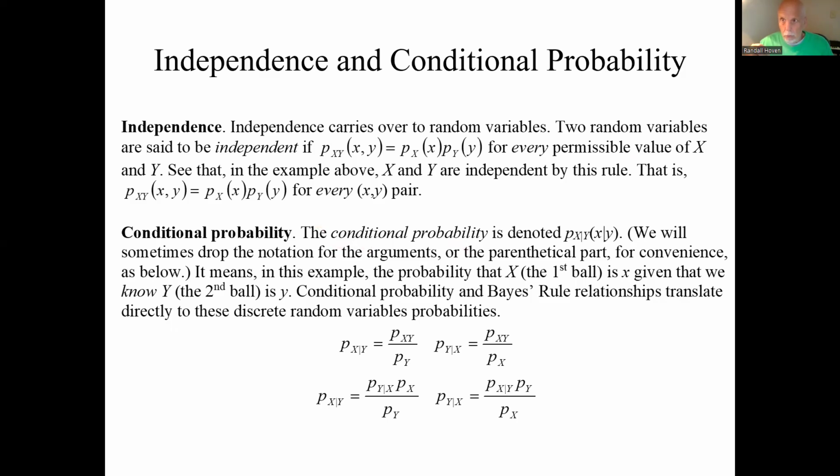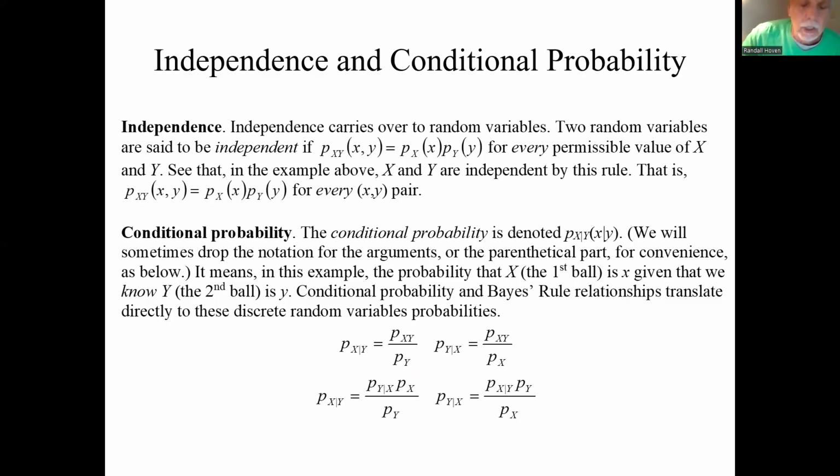Conditional probabilities also carry over from the set theoretical treatment of probability to these random variable probabilities. Here's the notation for the conditional probabilities of these random variables. I left off the arguments here, but I could put an x, y with the line between them as the arguments. But these are basically formulas that we get because they carried over from the way we calculated conditional probability before.